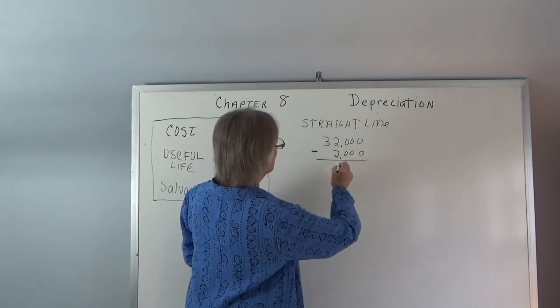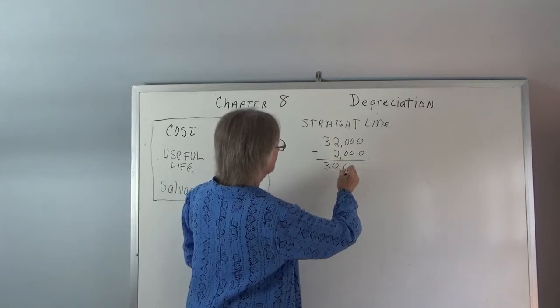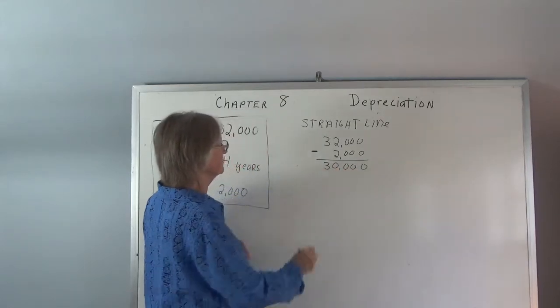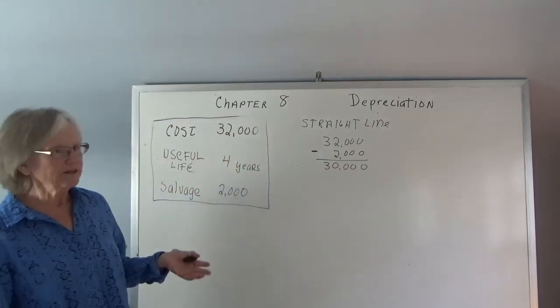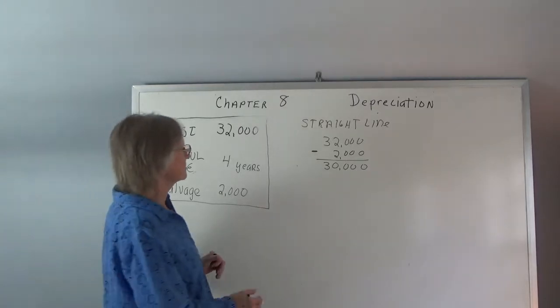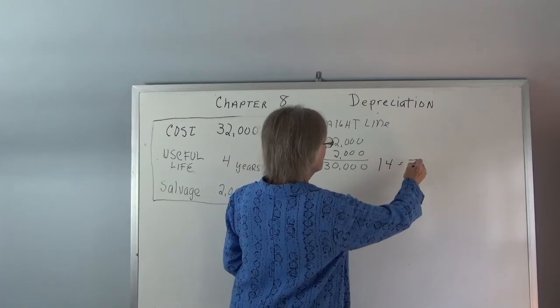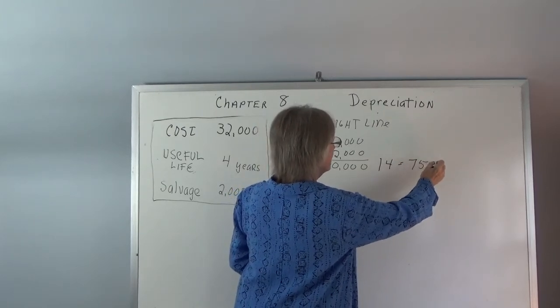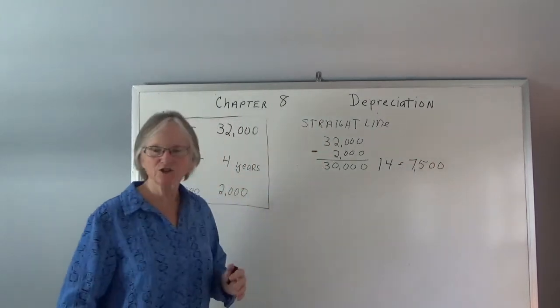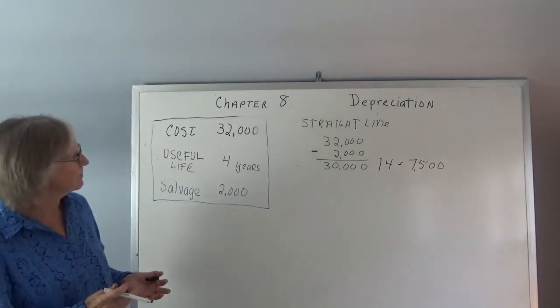And so we're going to get what's called the depreciable base. This is the depreciable base here, $30,000. And then we just divide that depreciable base by the estimated useful life of 4 years. And so we're going to take $7,500 worth of depreciation expense each year.